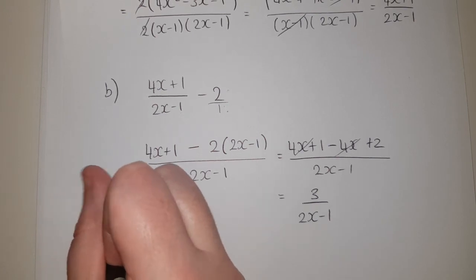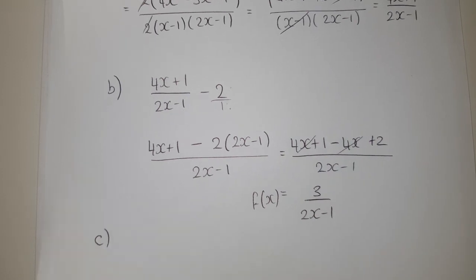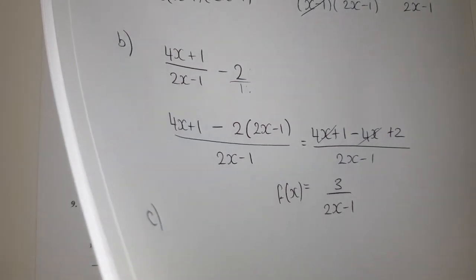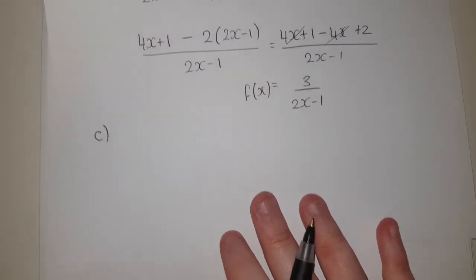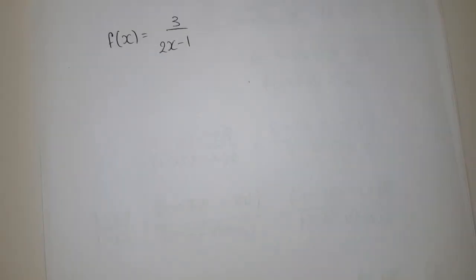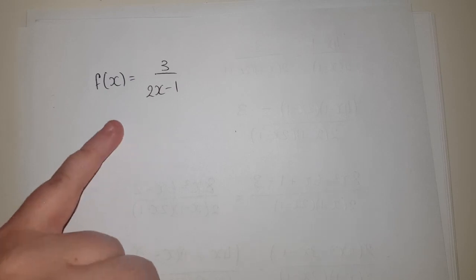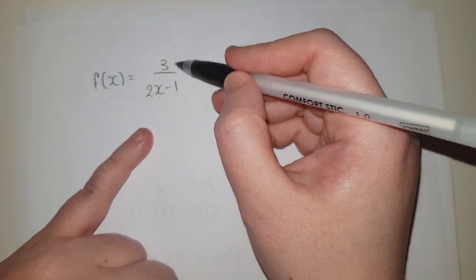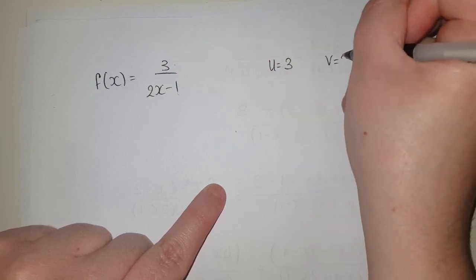Right, part C to this is that is our f of x function. We want to differentiate and find f dash of 2. So first thing we're going to do is differentiate that. I'm just going to rewrite it. Differentiating this, you've got something in a division format, so you're using the quotient rule. So u is 3, v is 2x minus 1.